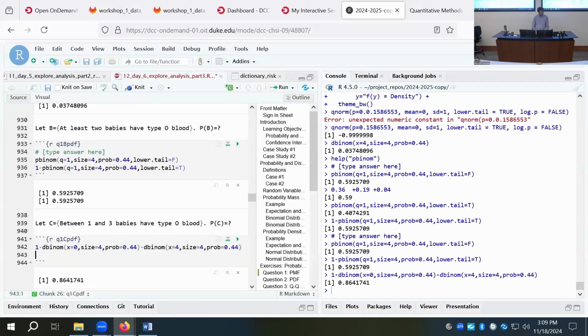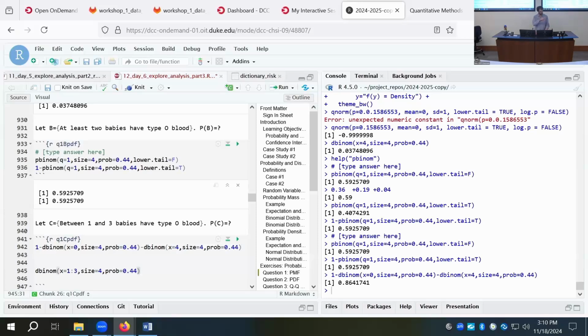Okay. Another way we could do this is instead of taking away, we could sum over the possibilities. So that could be dbinom, I'm going to say x is 1 through 3.